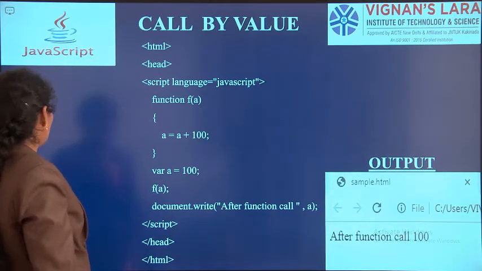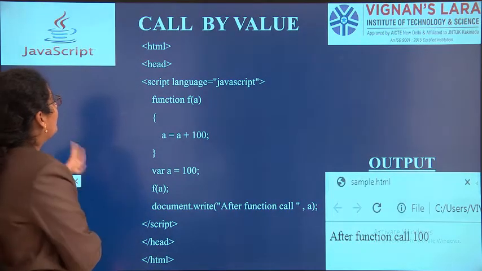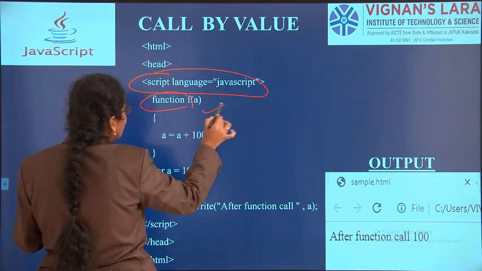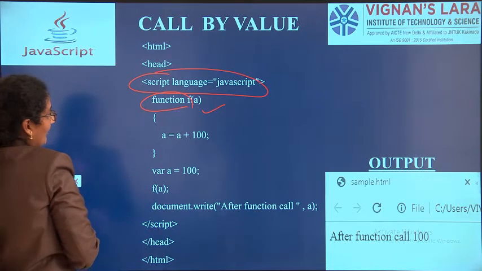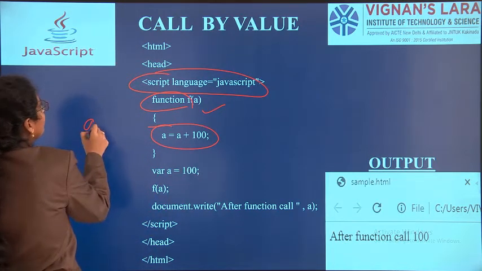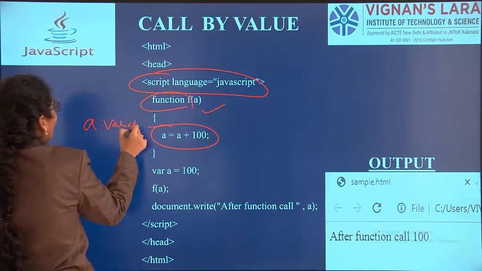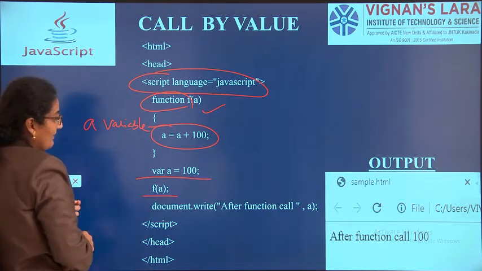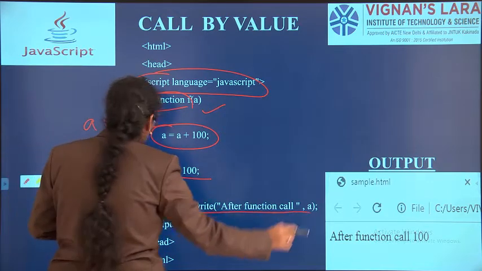So this is a call by value example. See, scripting language JavaScript, function name f, argument is a. What I am doing is a equal to a plus 100. a is a variable, so for that variable I am writing this program.